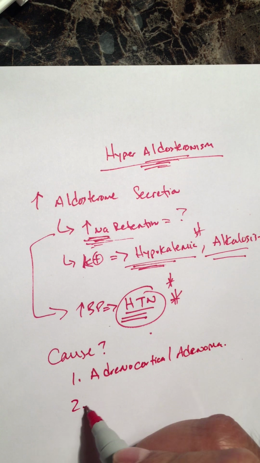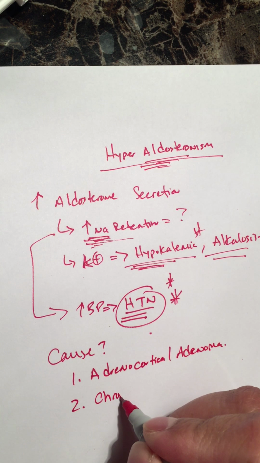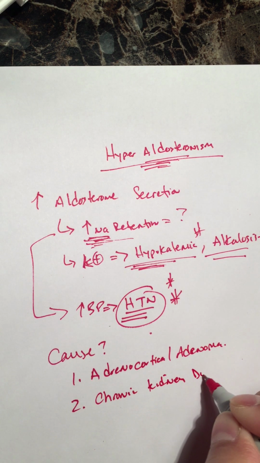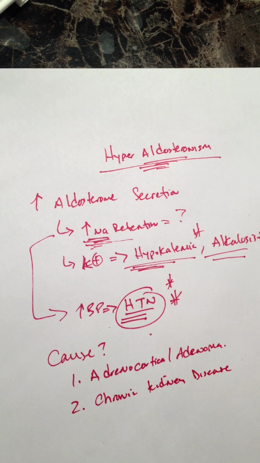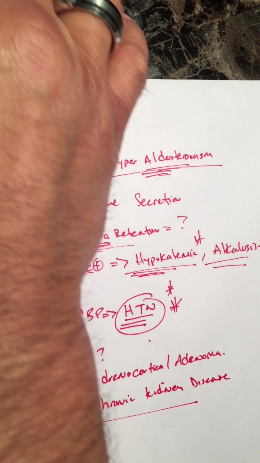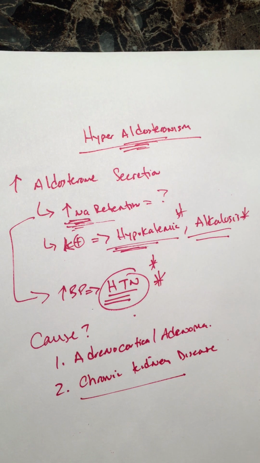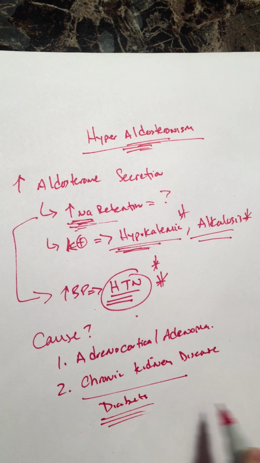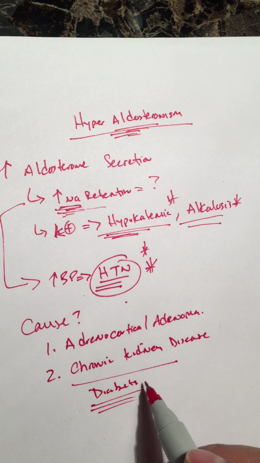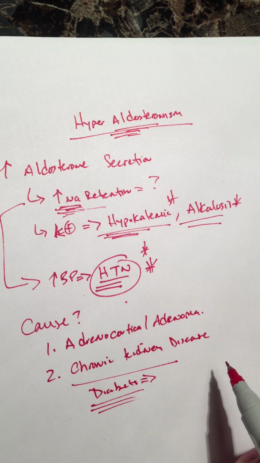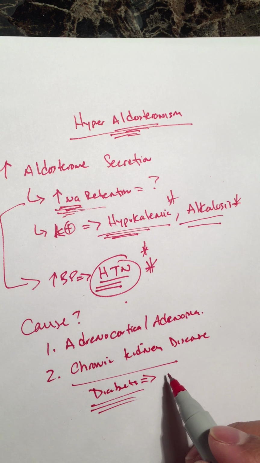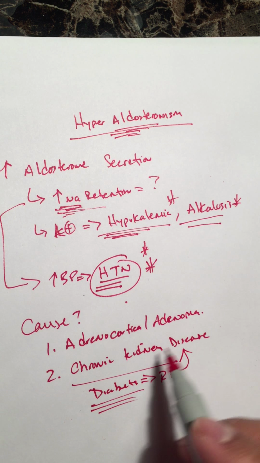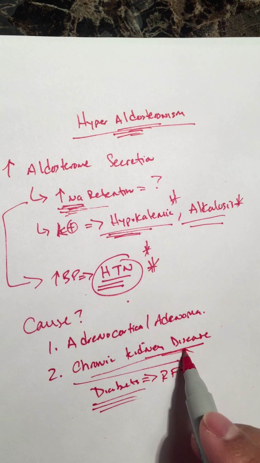Number one, and number two, some type of chronic kidney disease. Now, this could be maybe due to, for example, diabetes. Okay, patients with diabetes, or especially with uncontrolled diabetes, will end up with renal failure. So that would be a chronic kidney disease.